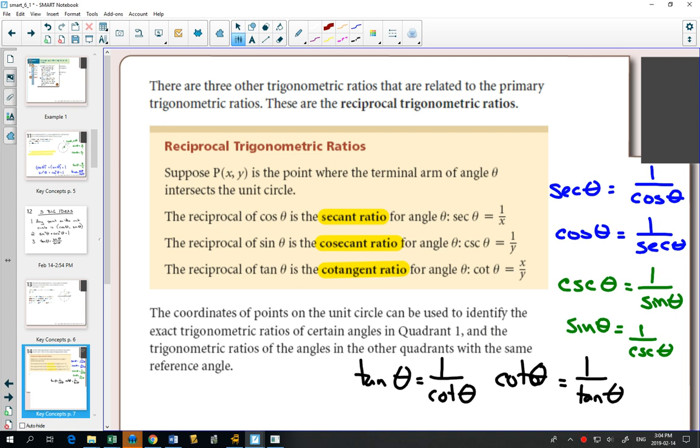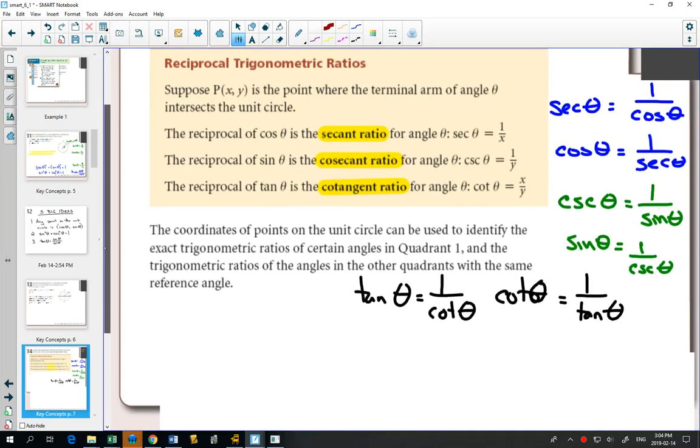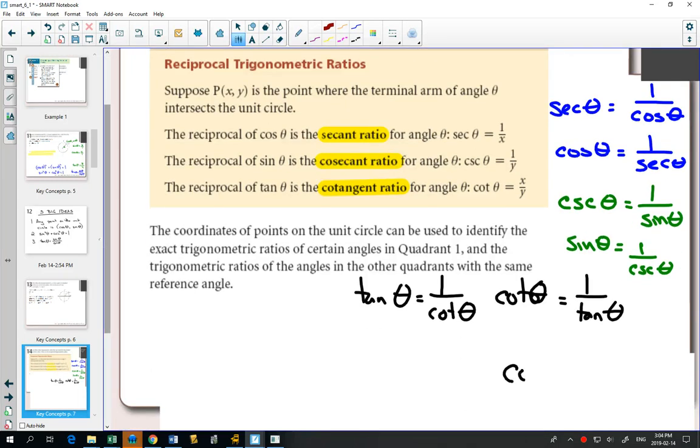And if tangent, big idea, is sine over cos, then a spin-off of our big idea is that cotangent, being the reciprocal, is cos over sine.